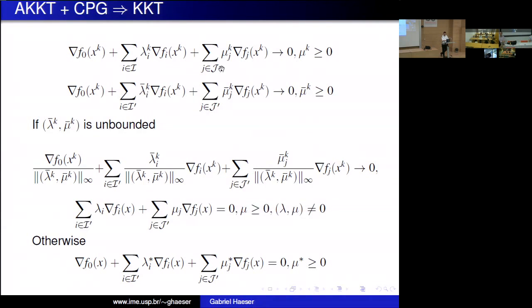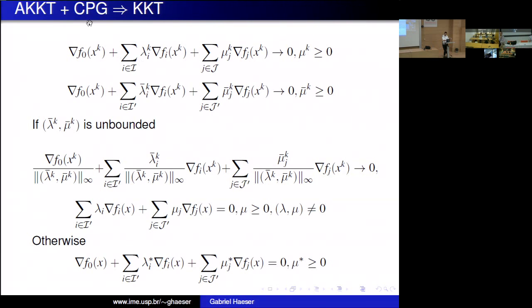Here J is the set of active constraints. Okay, this is what the approximate KKT condition says. So this is what I prove. I start with an approximate KKT point x. It has these sequences, xk, lambda k, mu k, with this nice property, and I will assume that CPG holds, and I will try to take the limit here.